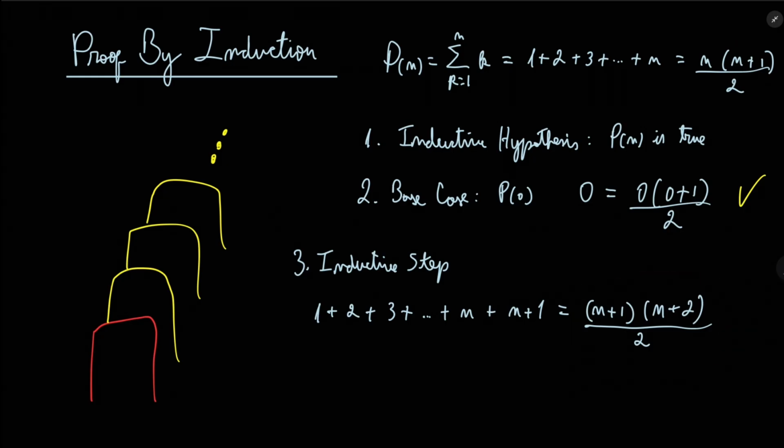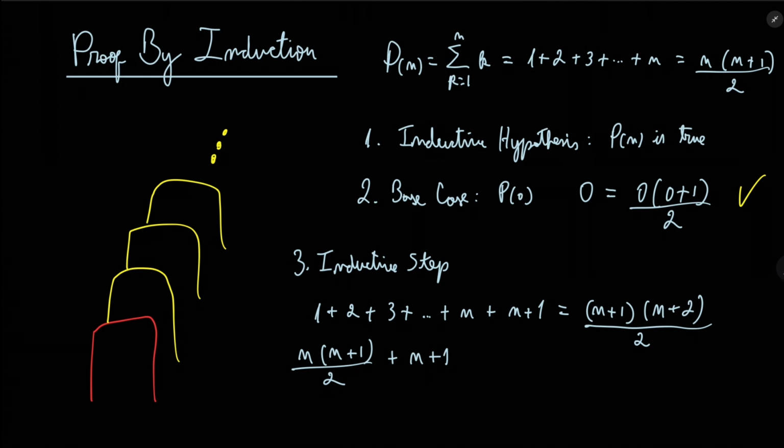Okay, now how can we use what we already know, meaning our inductive hypothesis, which is that P of n is true? If you take a look at what we've just written, you will see that here we have the sum of the first n numbers plus n plus 1. So this is something we already know given our assumption, right? We can replace this part with a formula that we've already assumed to be true. So n times n plus 1 over 2, and then we have plus n plus 1.